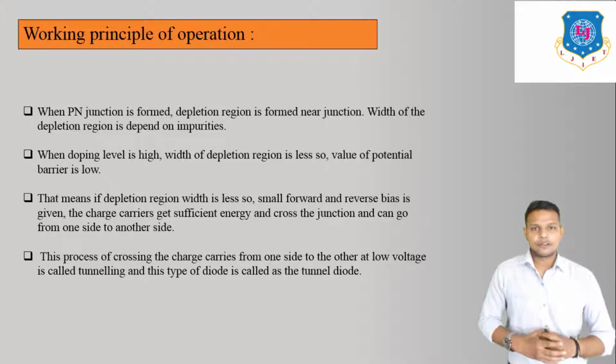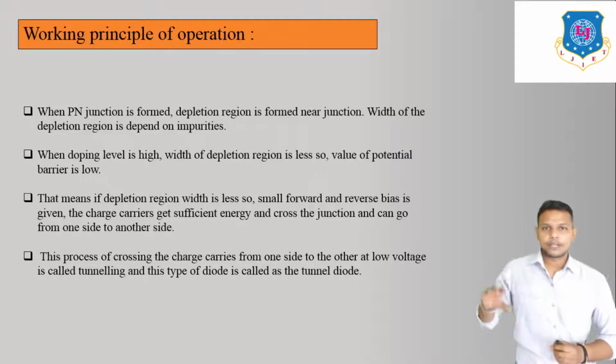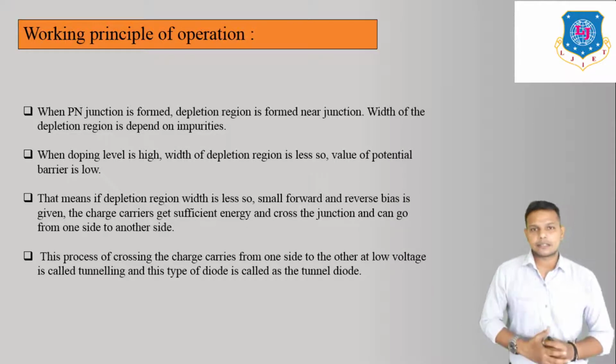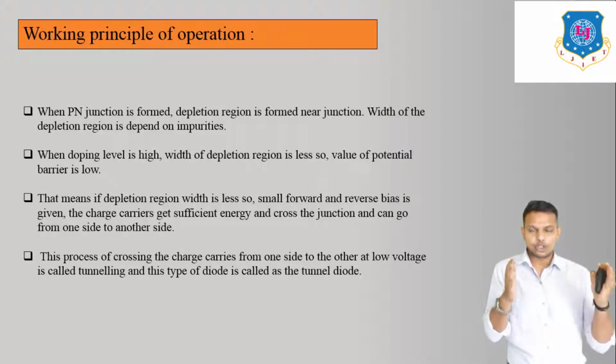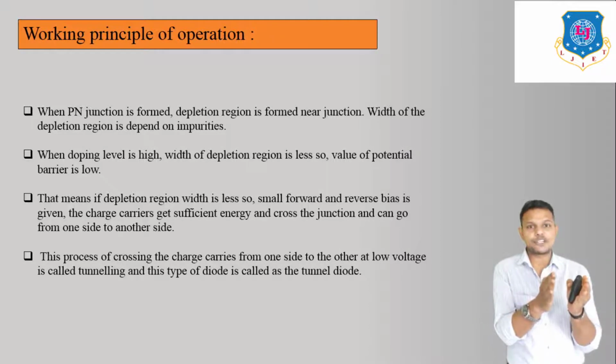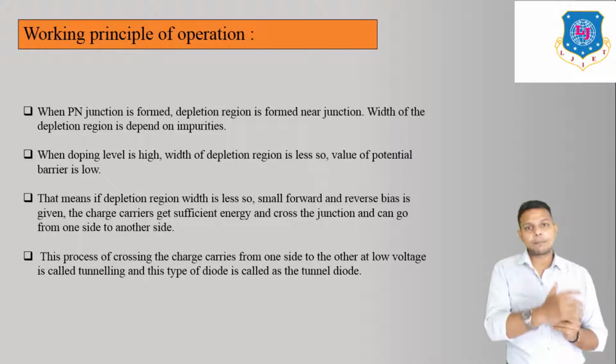If the doping level is high, the width of the depletion region is less, so the value of potential difference becomes low. That means if your impurity level is high, the number of electrons and holes are high, so it pressurizes the depletion region width and the width is reduced. That's why the depletion region, also known as barrier potential, is also reduced.